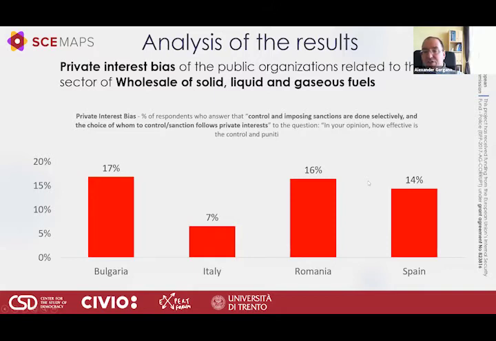In any case, the question is if control and sanctions are unbiased in the particular organization which the experts are assessing. And this is the percentage of respondents who answer that control and imposing sanctions are done selectively, and the choice of whom to control or sanction follows private interests.